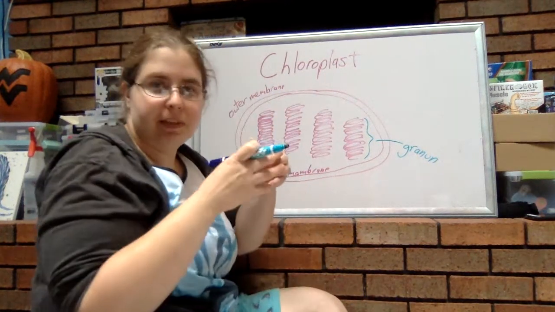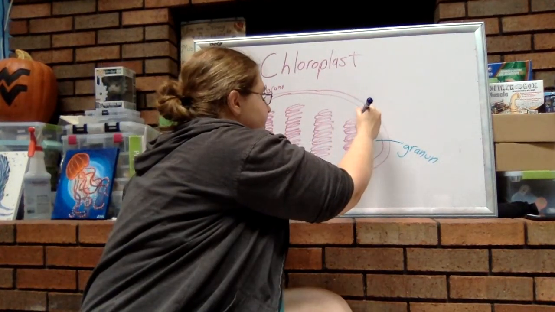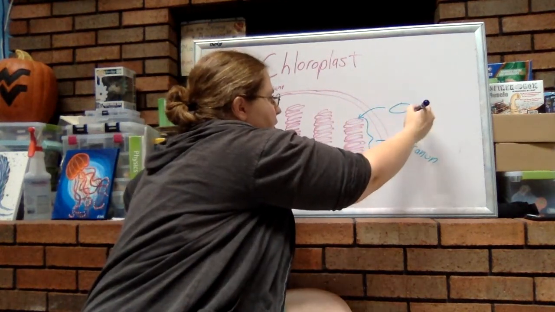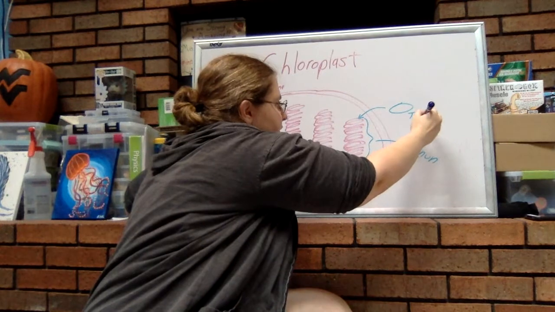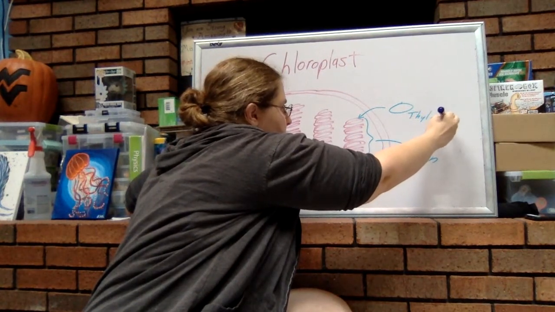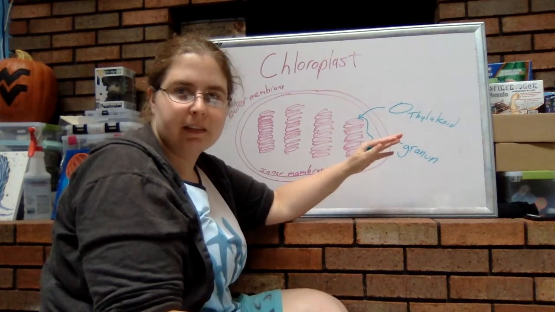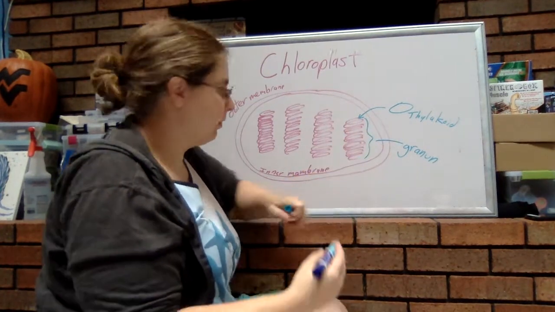But again, it's made up of these stacked discs, and one disc is called a thylakoid. So the granum is a stack of these thylakoid discs.